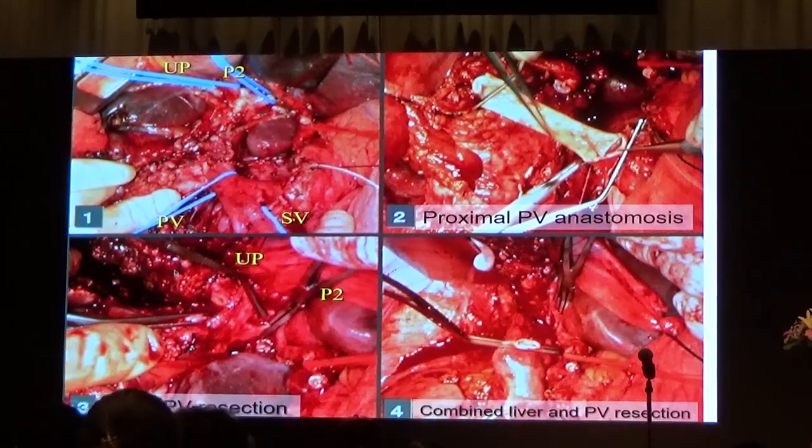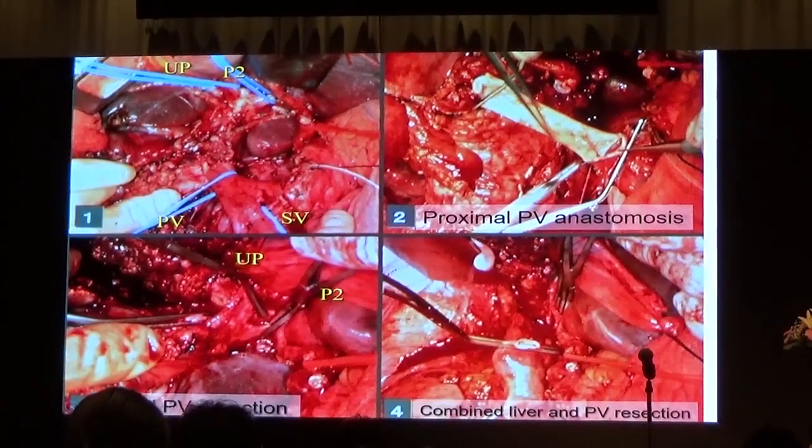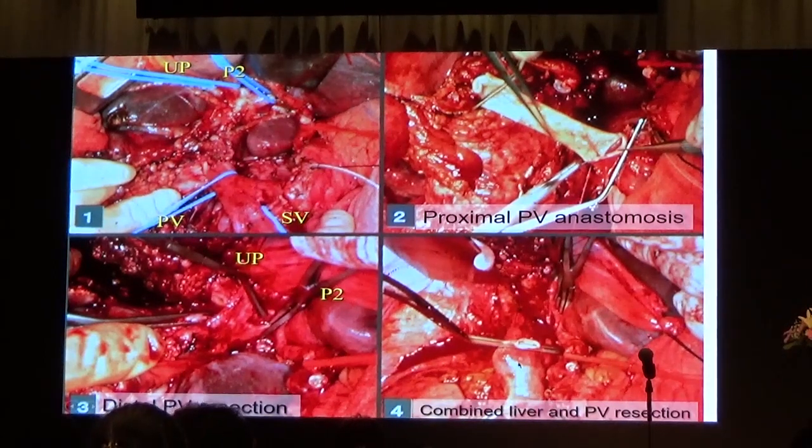After that, the left portal vein is resected here, oblique clamping here, UP and P2. And the portal vein was obliquely resected here. And this end of the iliac vein graft was here.